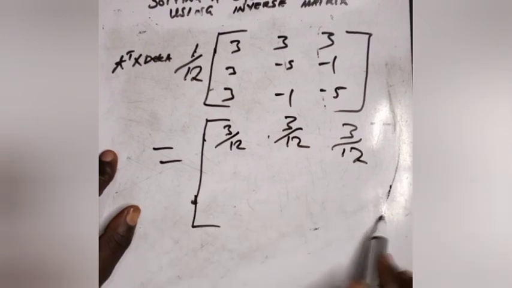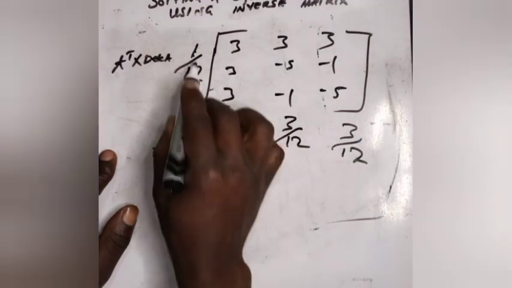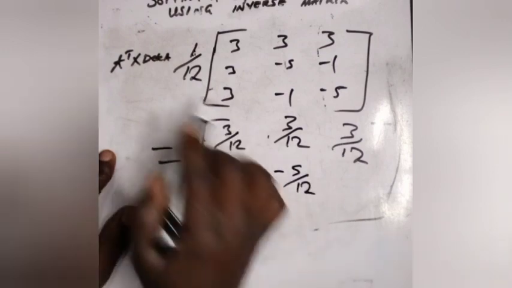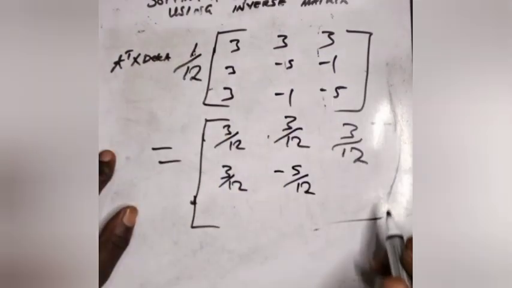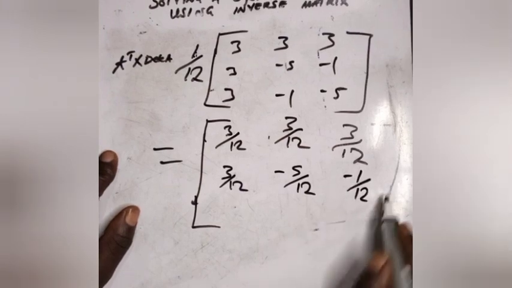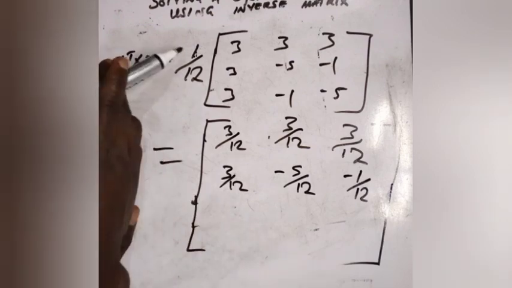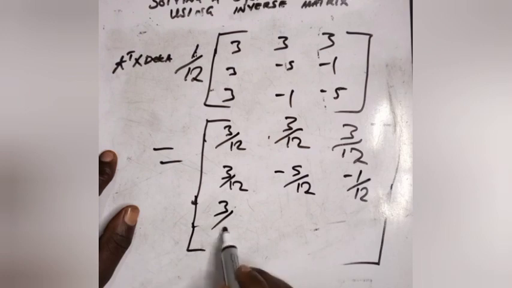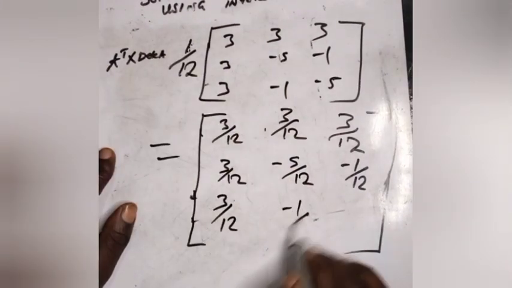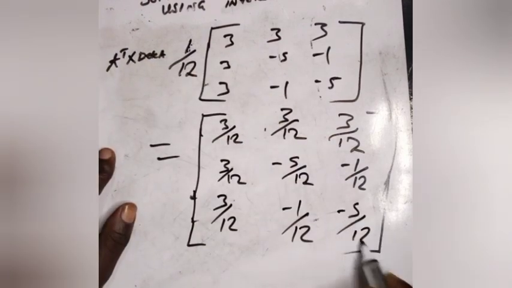It will be 1 times 3, which is 3/12, 1 times -5, which is -5/12, 1 times -1, which is -1/12. Then 1 times 3, which is 3 over 12. 1 times negative 1, which is minus 1 over 12. 1 times negative 5, which is minus 5 over 12.